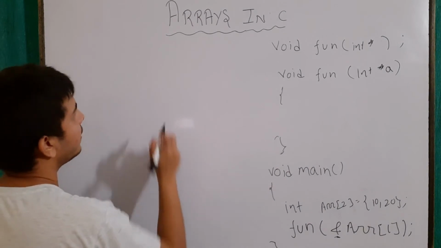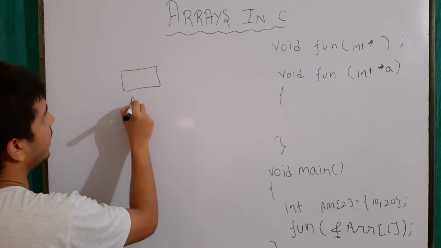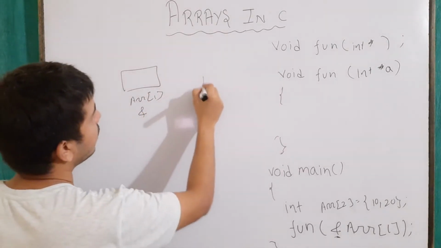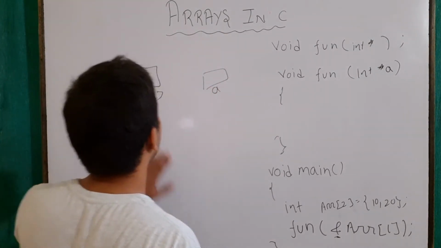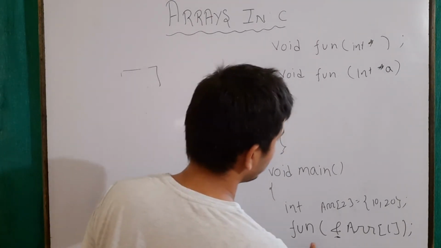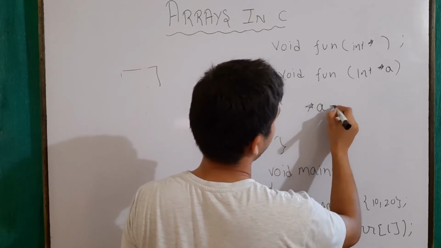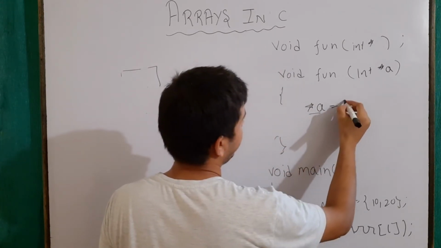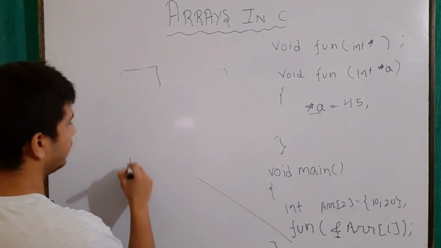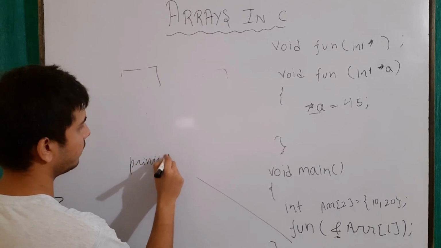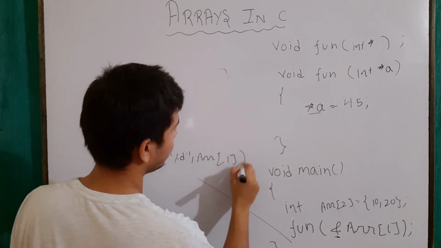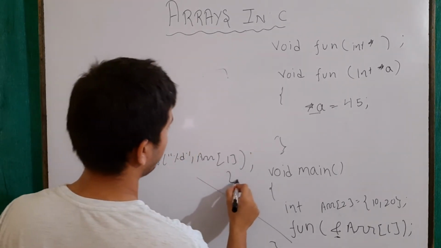So now what's happening here is that if, let's say, array[1] had some memory address, and also the variable a, now both of these variables are pointing to the same memory location, right? So right now if I change here using the pointer notation, *a equals 45, and then I print printf of %d, array[1], what will the output be? It will be 45.